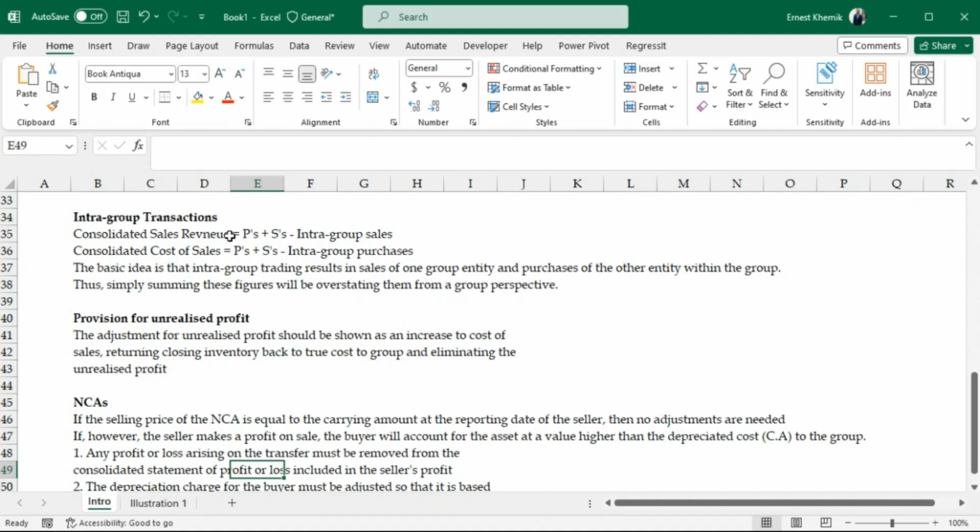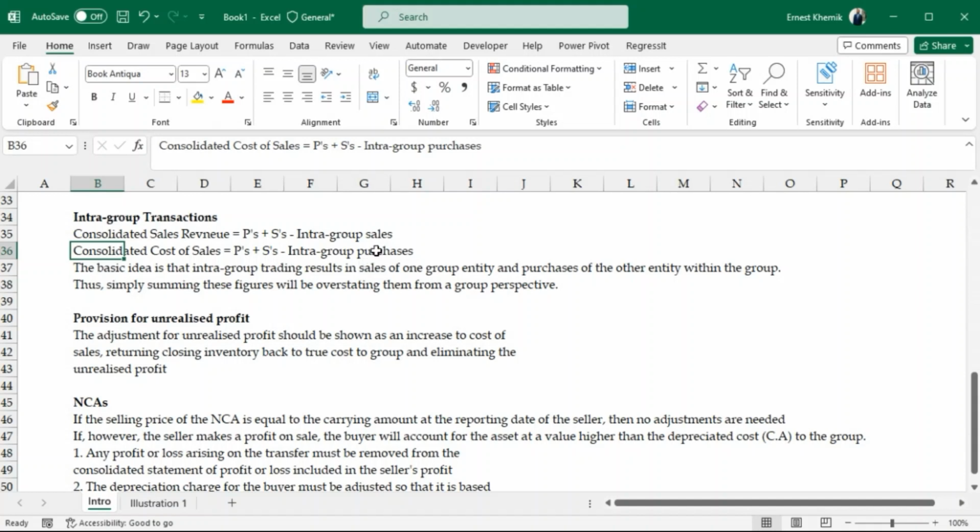As you have seen here, P's revenue will be added to S's revenue, and then we will less any intragroup sales. On consolidation of the cost of sales, we will add the parent's cost of sales to the subsidiary's cost of sales, and then we are going to subtract any intra-group purchases.